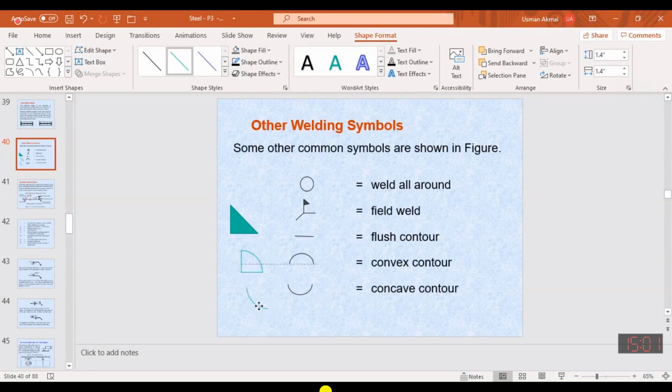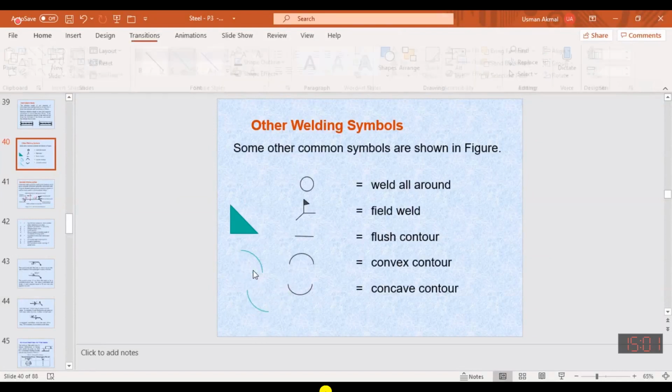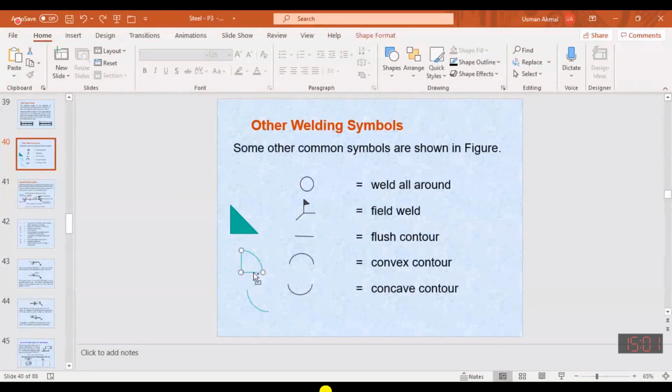But anyhow, you got the idea. So this type of weld will be a concave weld.